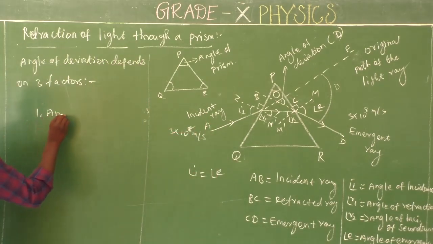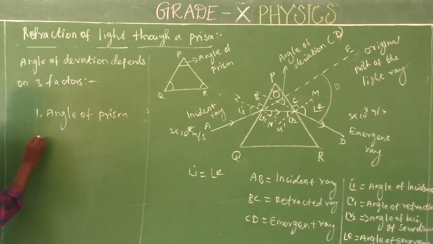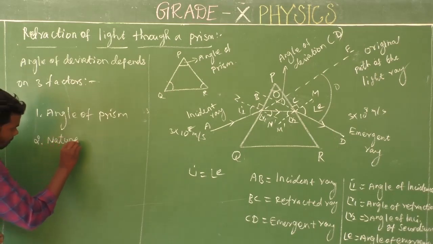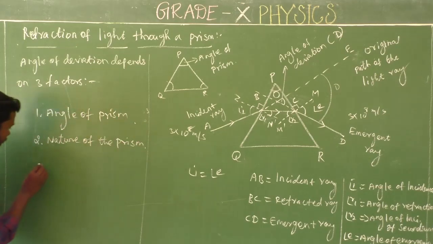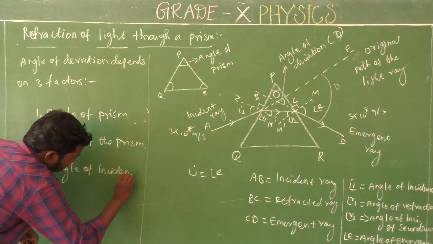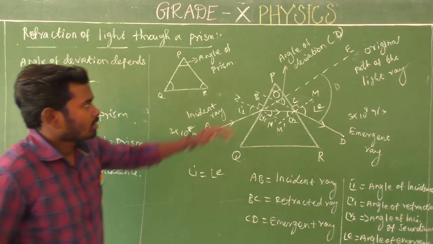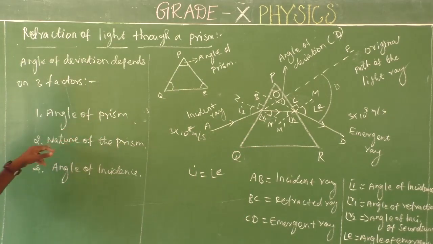Second one, the nature of the prism. And third one, the angle of incidence. So this angle of deviation depends on three factors: the angle of prism, the nature of the prism, and the angle of incidence.